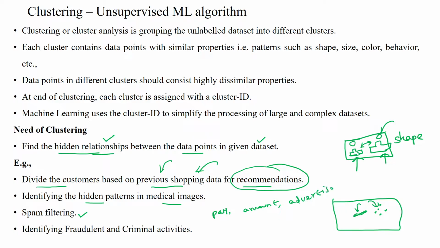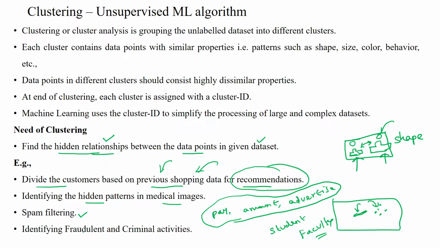Based upon these words, it will be classified as spam mail. Normal mails will be identified as, for example, student communication or faculty communication, so these are all considered normal mails. So in spam filtering also, clustering is very much used.